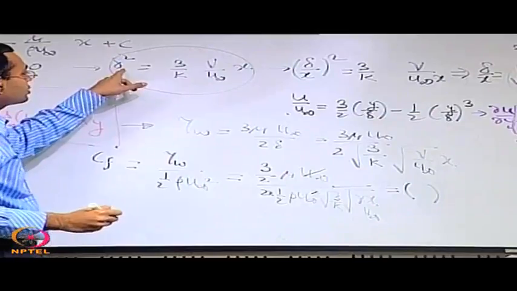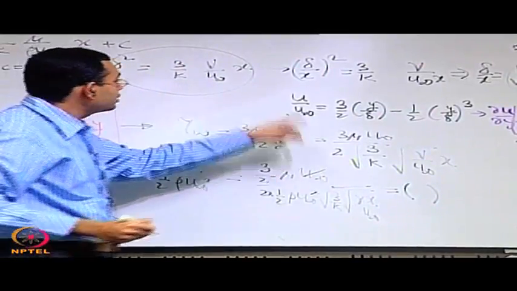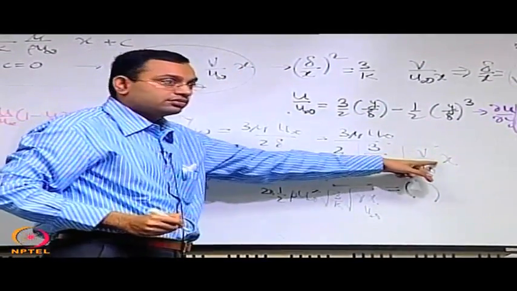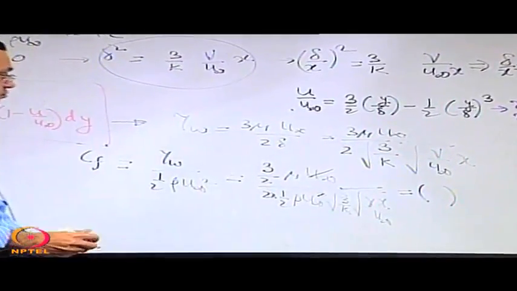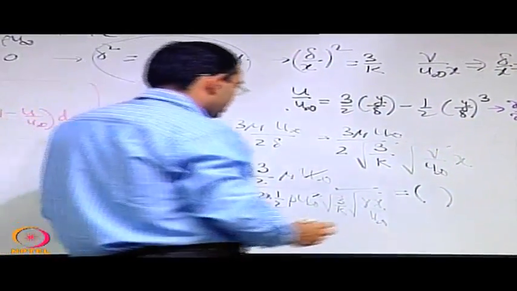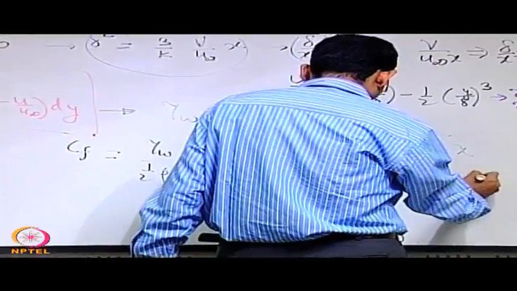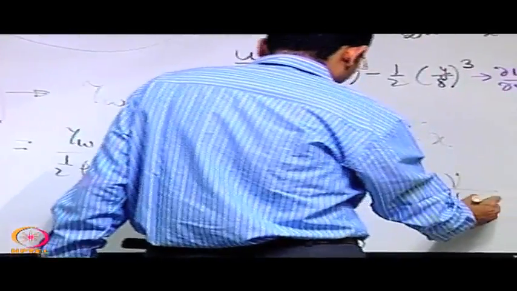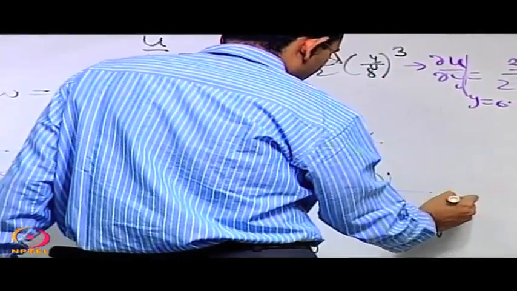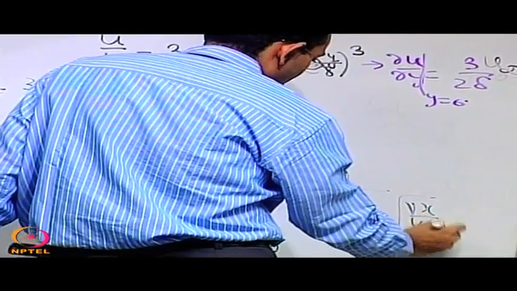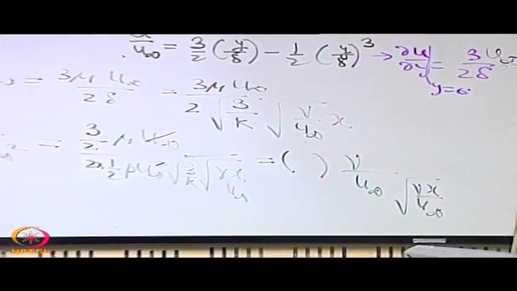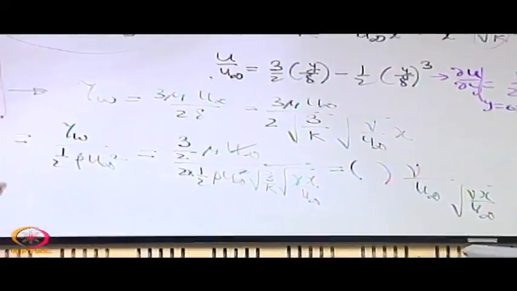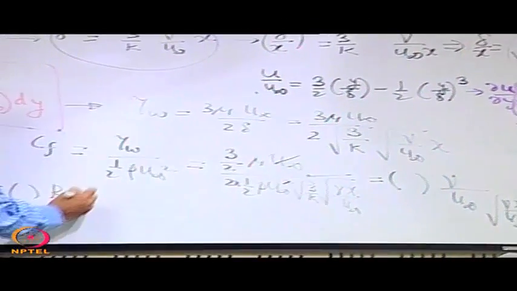So delta is square root of this one, whatever, into square root of x, okay. So that is what is substituted here. So this one is something into nu by u infinity into root over nu x by u infinity. So that means Cf is coming out to be something into Reynolds number to the power minus half.